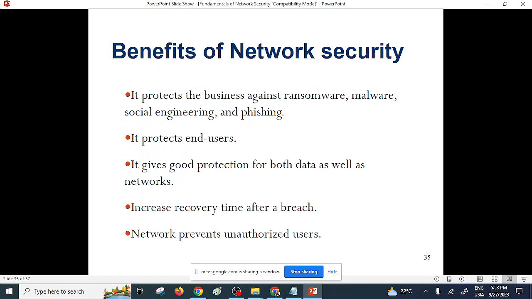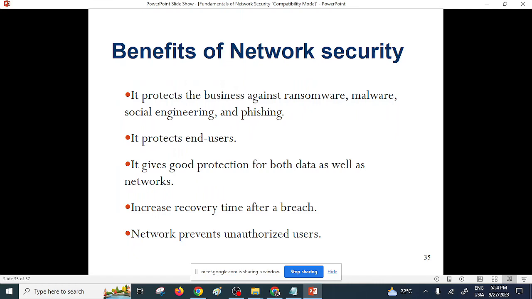Having said that, we actually have very many benefits of network security. One is to protect the business from malicious software, protect the end users themselves. Also you should give good protection for both data and information, right, as well as the network.